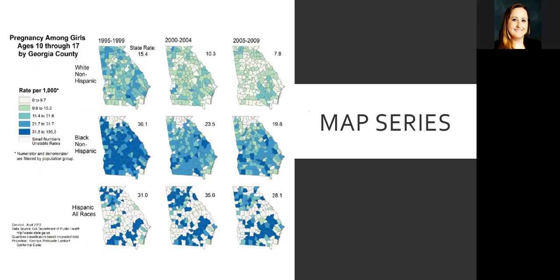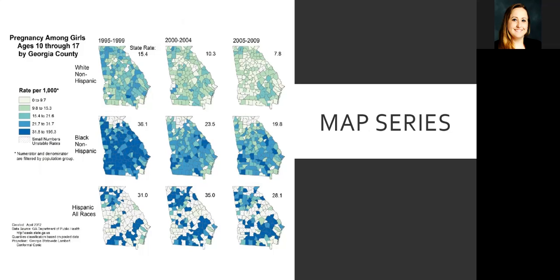All right, last but not least, we have map series. So, map series is just what it sounds like. In this case, it is Georgia counties that are representing the number of pregnancies among girls that are aged 10 to 17, and they have separated it out by, say, 5-year period and race.